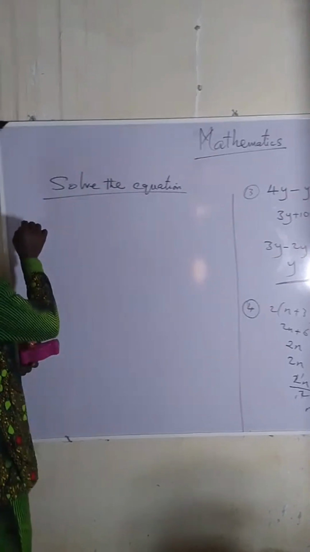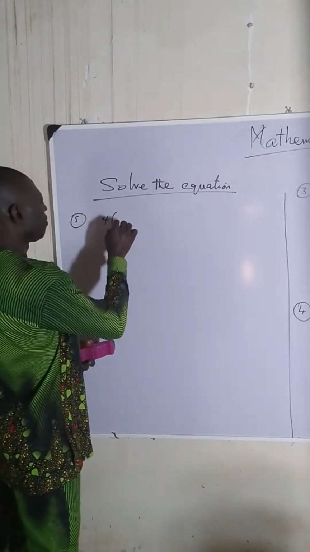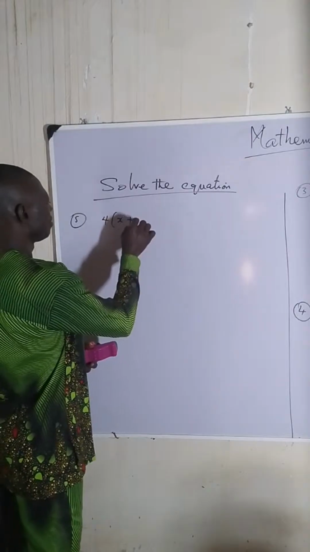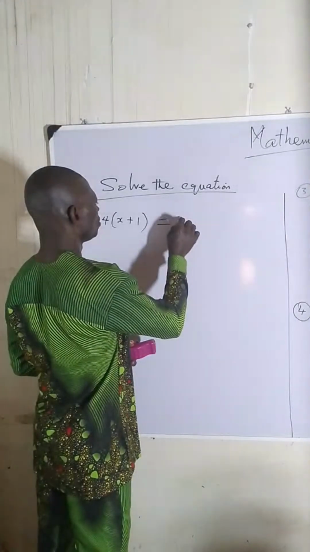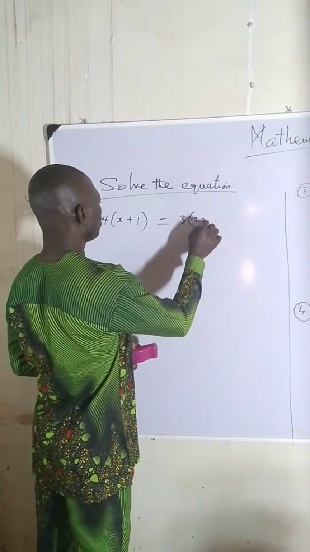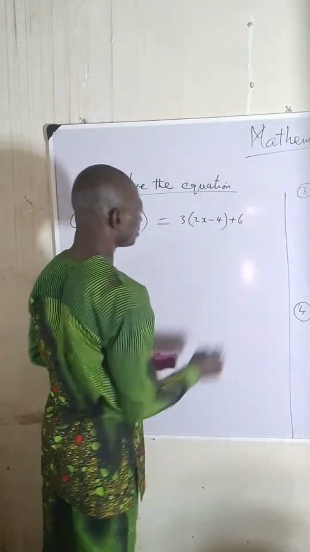Assuming a question is given this way, in number 5, 4 times x plus 1 is equal to 2 times 3x minus 4, plus 6 being outside.